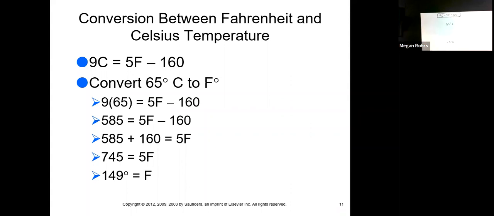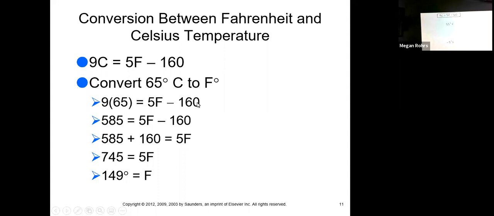And how we use this equation, no matter if we're given a Celsius or Fahrenheit, we're just going to plug that in respectively. So if we're given, in this case, 65 degrees Celsius, we're just going to plug that 65 in where we see that C, and we're going to solve for F. So like we have done here, 9 times 65 equals 5F minus 160.